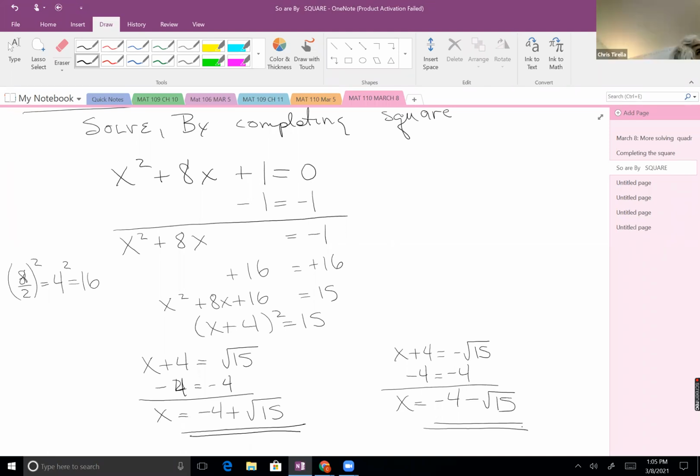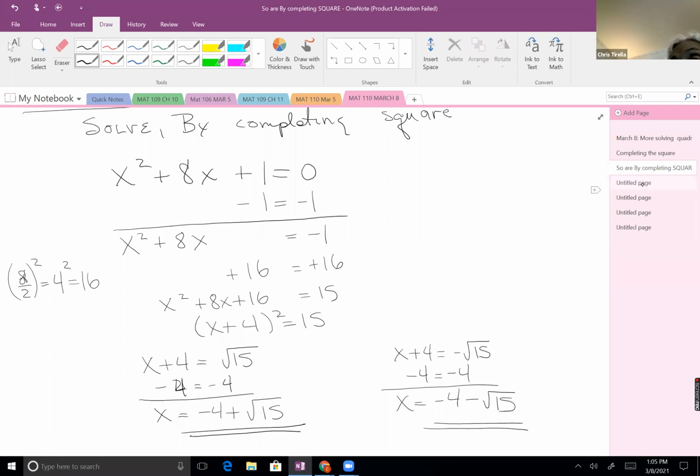Does anybody think that this process isn't that hard, but it's a little time consuming? It can get a little bit more evil if we looked at examples where this was not an even number, and then we'd have to deal with fractions.